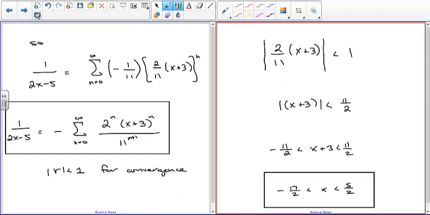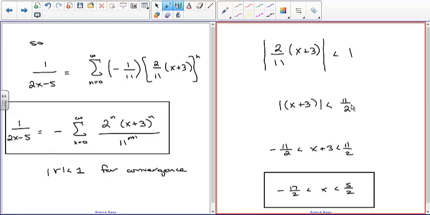Yeah. So for the actual interval of convergence, we use the convergence criteria for the geometric series, which is that the absolute value of r has to be less than 1 for convergence. So we take the value of r that we came up with to make this whole thing work out.